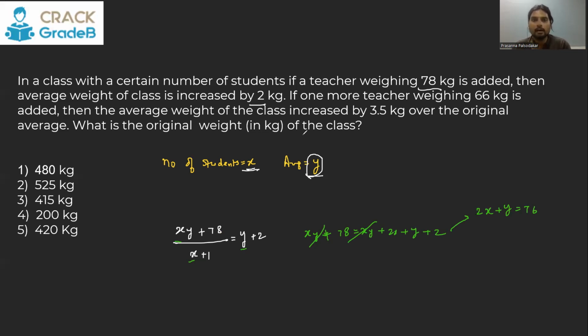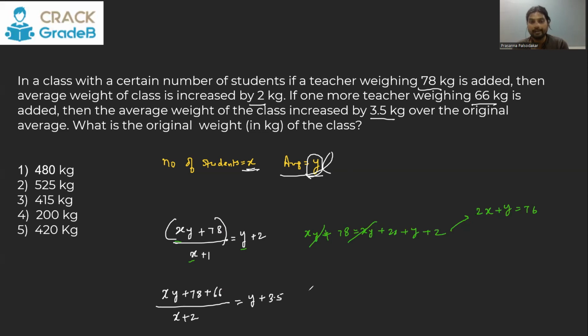Second equation. Now, in this sum, one more teacher with 66 kg is added. So the new sum is going to be XY plus 78 plus 66. And the number of people will be X plus 2 now, because there are X students plus 2 teachers. That gives us the new average, which is 3.5 kg over the original average. Original average was Y. New average is Y plus 3.5.